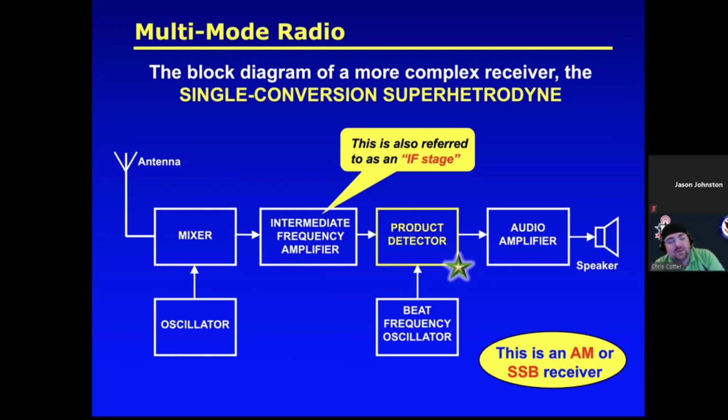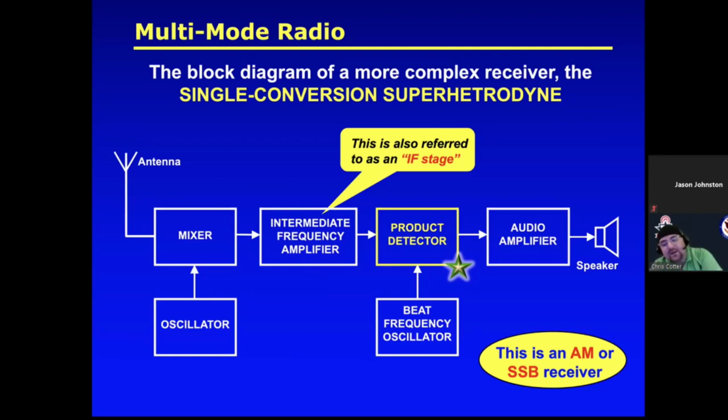So it's going to come in through the mixer, the intermediate frequency amplifier, your product detector right there. That's going to kind of isolate everything that it's receiving and make it into something that you can understand. It's all going to be passed through. It's going to be stripping out what you don't want to hear.